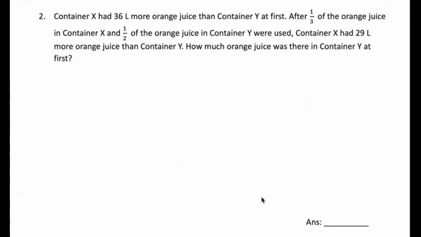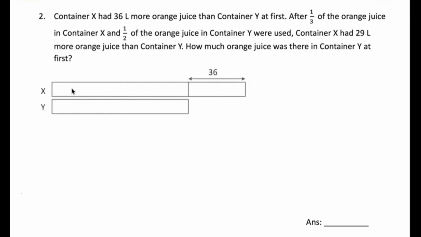Okay, let's continue. So container X had 36 liter more juice than container Y. So this is more than, I will draw a model. X is longer than Y by 36 liters. Now, proportion transfer. 1/3 of the orange juice in X and half of the orange juice in Y were used.